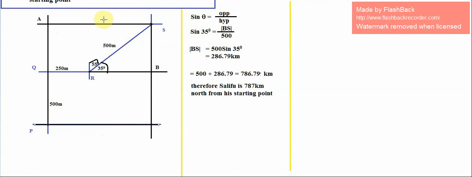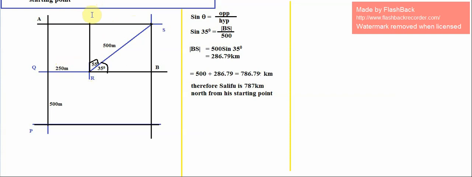Okay, so this distance can also be partitioned into two, this portion and that portion. This portion is known because we can project a 250 to this place.